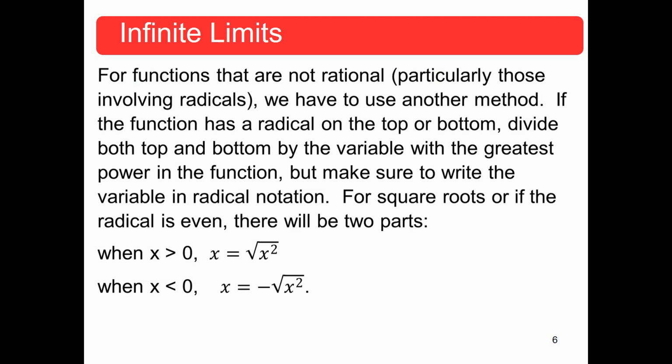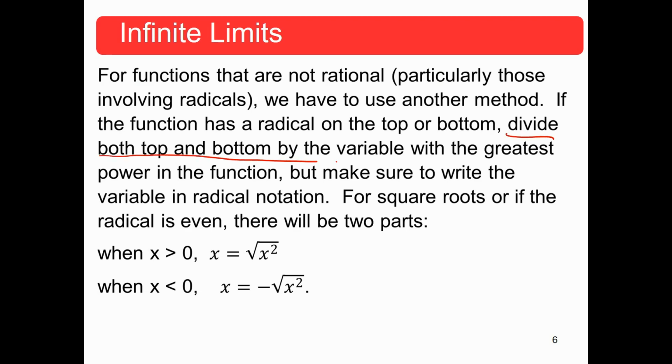However, we need to make sure to write the variable in radical notation. Now, for square roots, or if the radical is even, there has to be two different things that we do. We have to let x be the positive square root, and we have to let x be the negative square root. So I'm going to explain a few things real quick.